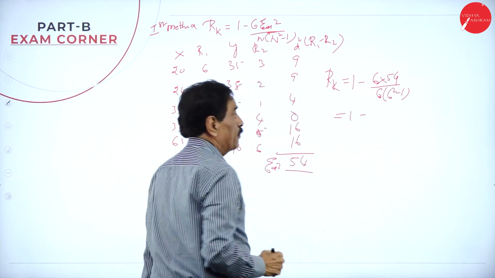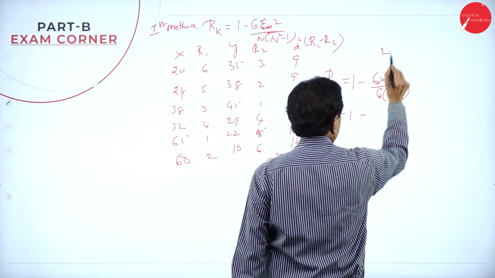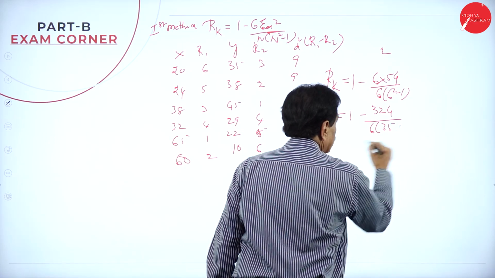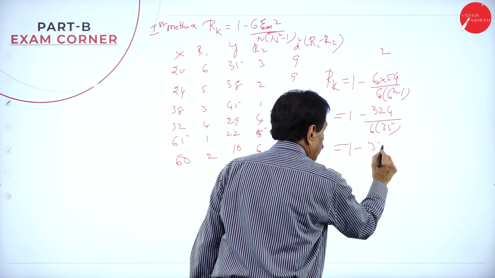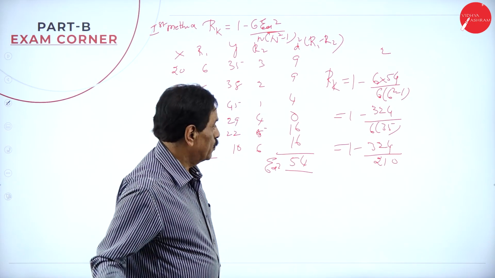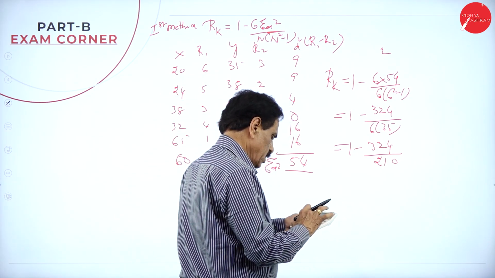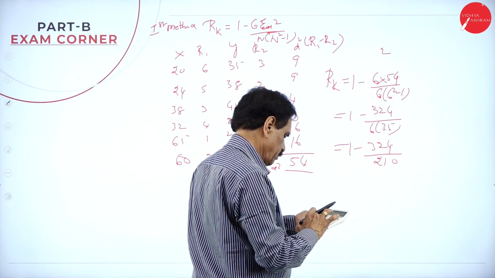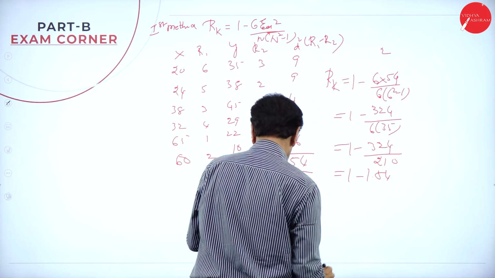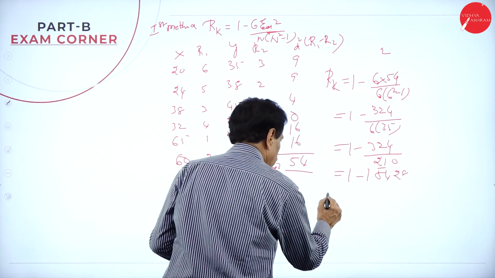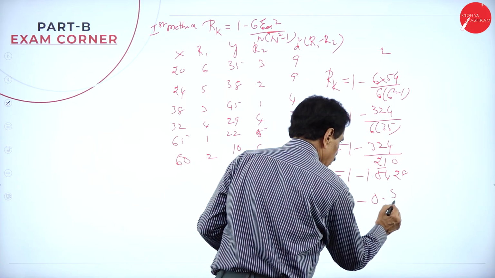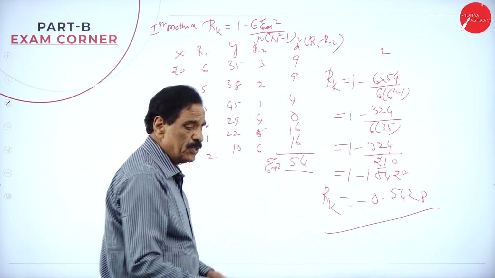So 1 minus 54 into 6, which is 324, divided by 6 into 35, which is 210. So 324 divided by 210 is 1.5428. So 1 minus 1.5428, Rk is equal to minus 0.5428. Negative correlation.